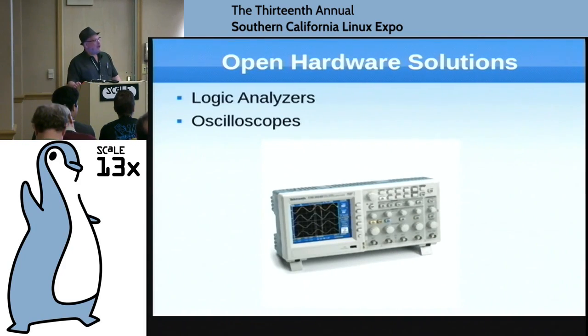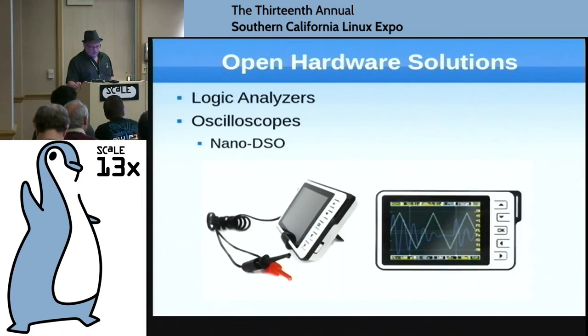So, another item that has traditionally been very expensive and out of reach for most hobbyists is an oscilloscope. For years and years, or actually more like decades, the lowest cost dual trace oscilloscope you could get was in the $800 range. And today you can find some on eBay and such that are $250 to $350. But again, the maker and hacker community has stepped up and created solutions for this.